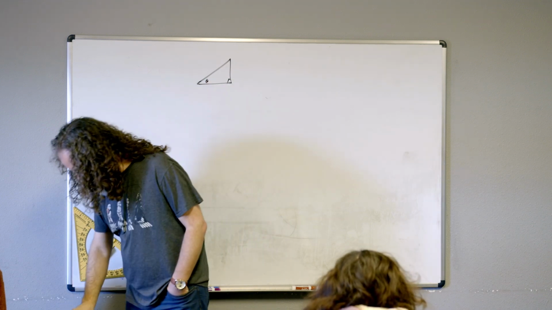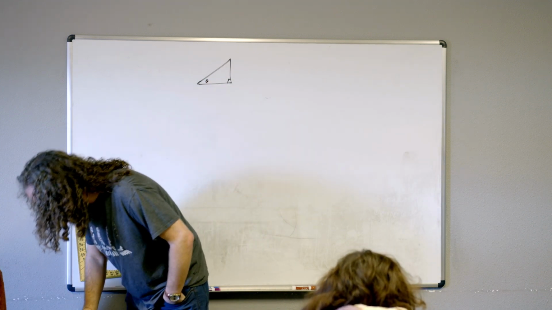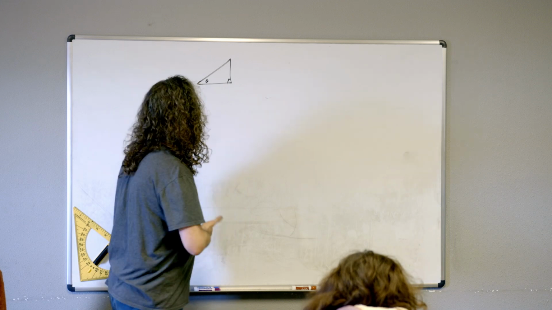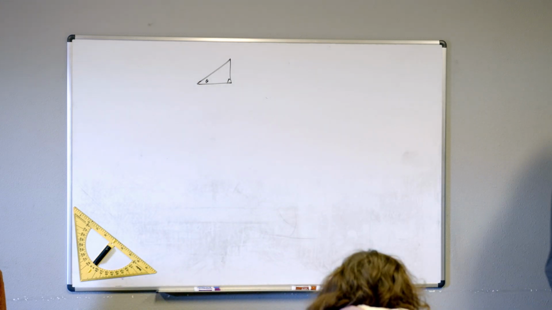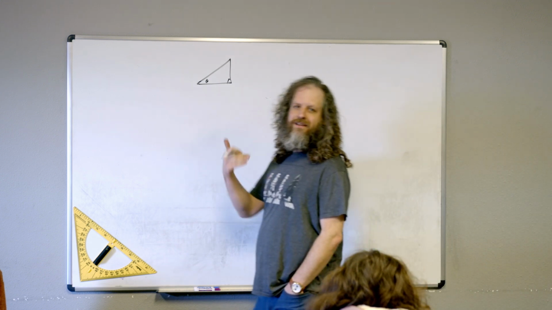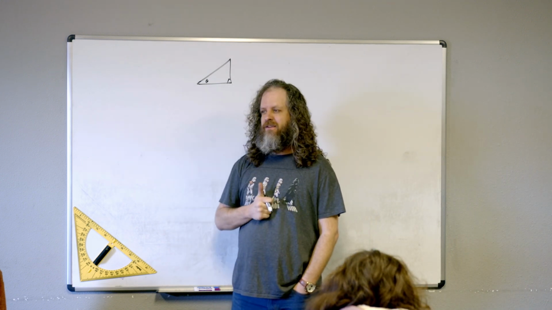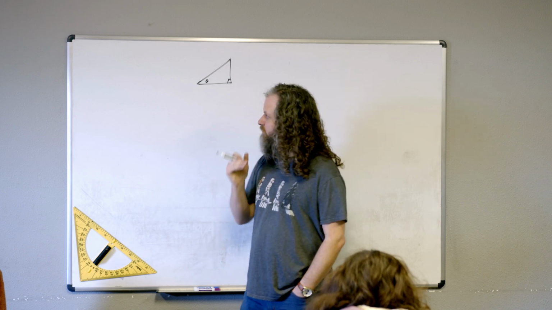So it says the secant of theta is 8. What is secant? It's the reciprocal of cosine. That's true. But what is it in the triangle? Hypotenuse over adjacent.